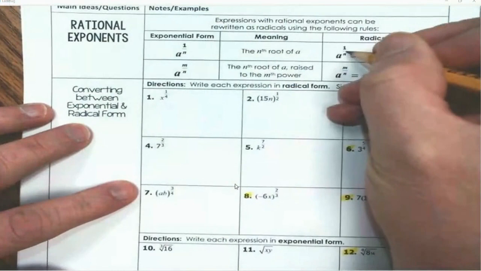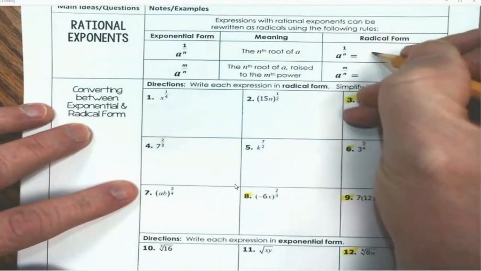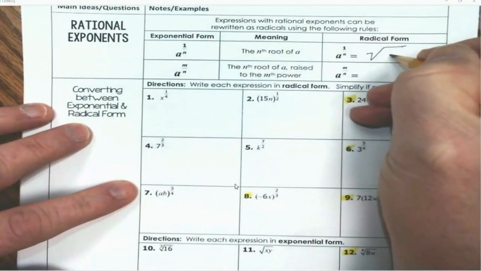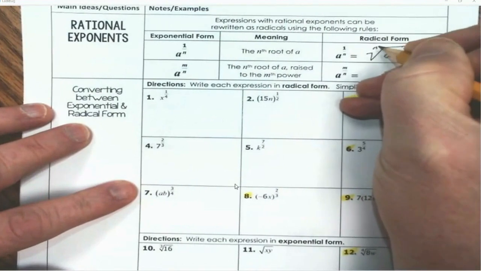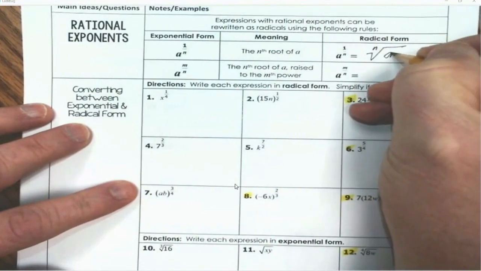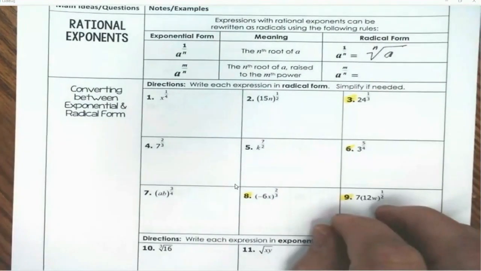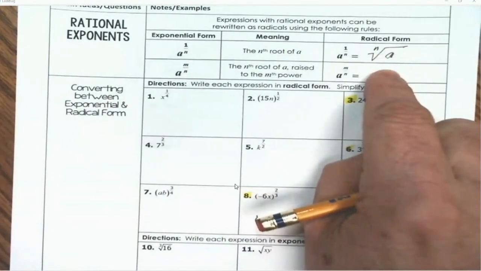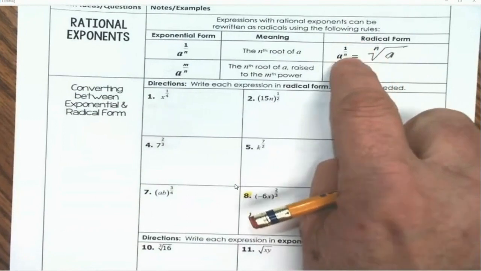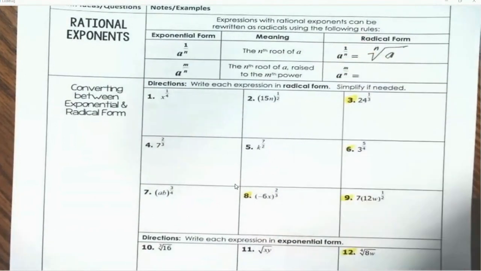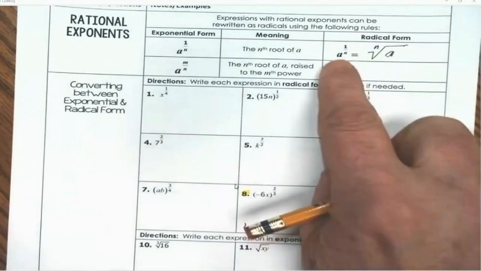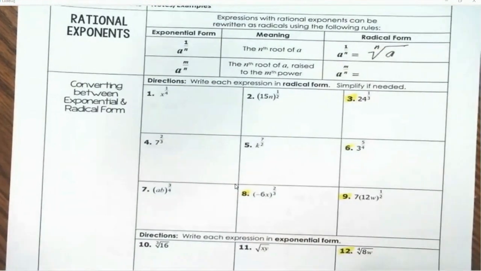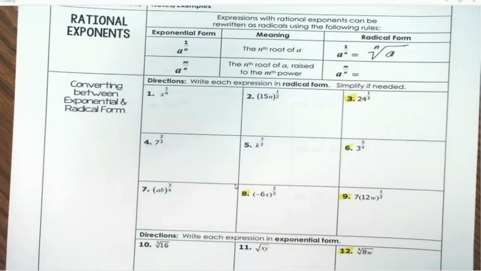So 1 over n as a power is the same thing as the nth radical of a. If it's 1/2, this is just the square root of a. If it's a to the 1/3 power, this is the cubed root of a. Whatever the n is is what goes above the radical: the square root, the cubed root, the 4th root, 6th root, whatever it is.